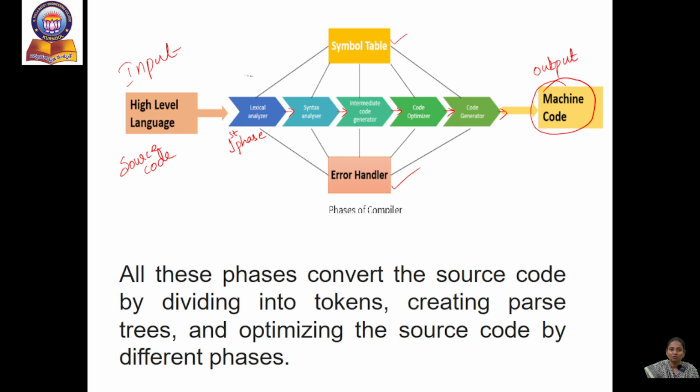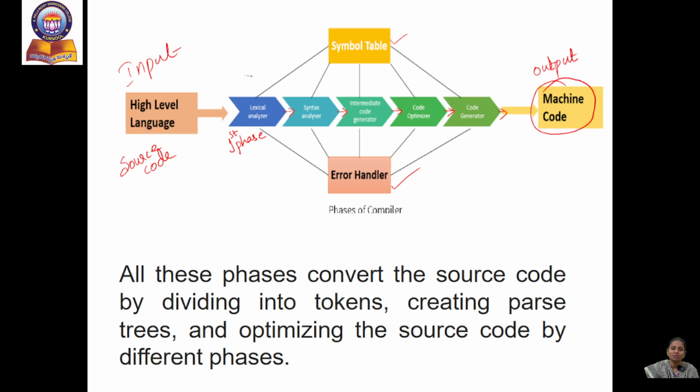Each phase output will be registered in the symbol table, and if any phase identifies an error, that error will be reported to the error handler. By that, a user can correct it and compile the program again.